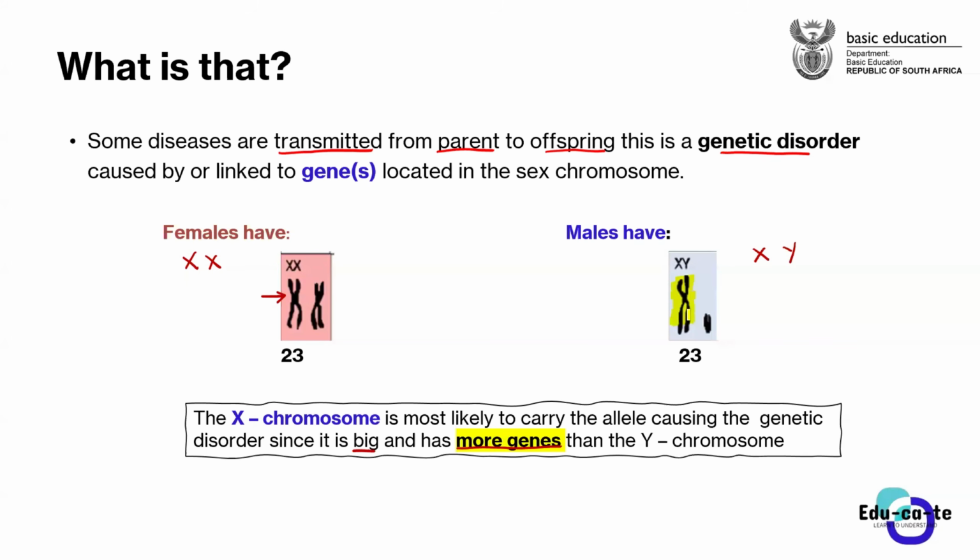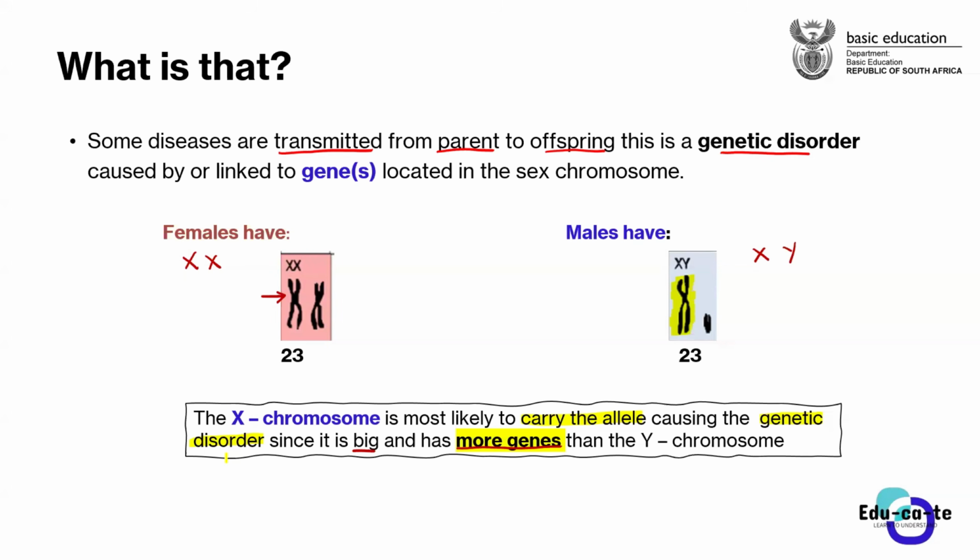So whenever we talk about a disorder that is transmitted from parent to offspring, basically it is transmitted through the X chromosome. The X chromosome is the one that carries the allele that causes the genetic disorder. For example, color blindness, which is one of those sex-linked inheritance diseases.